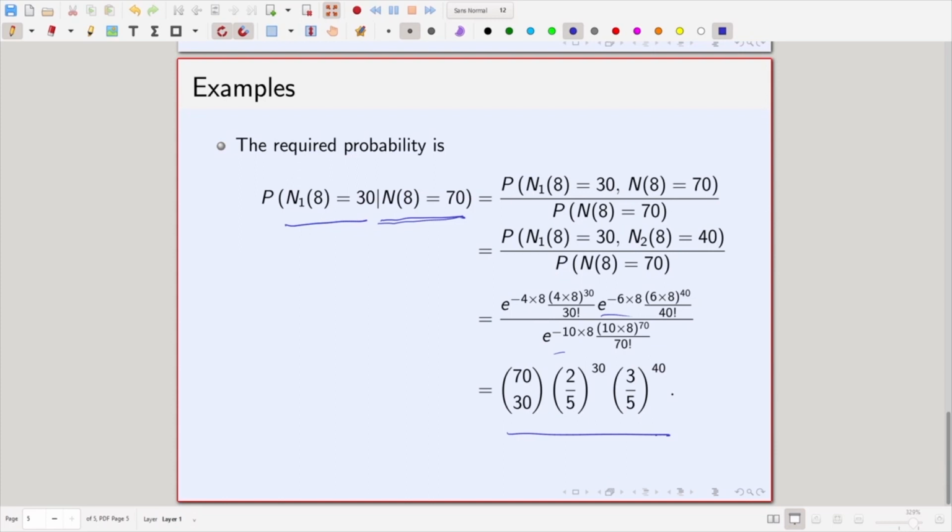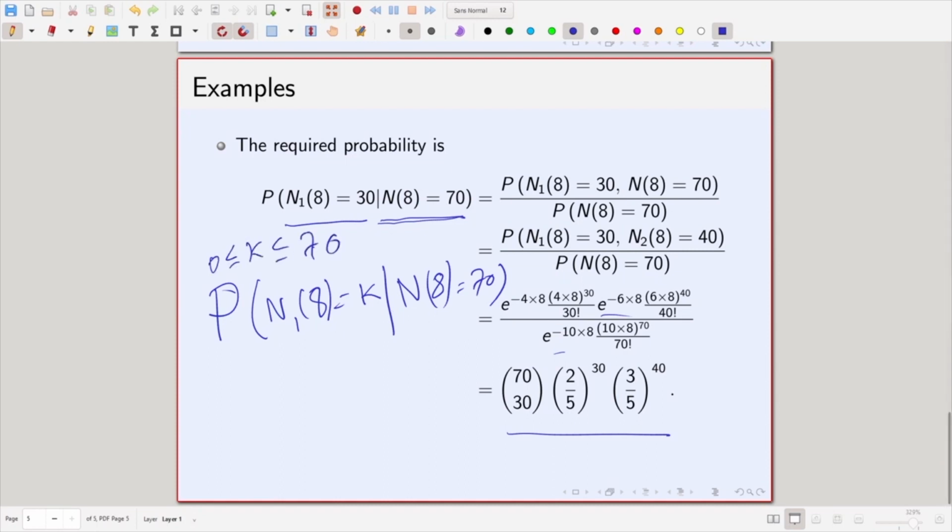Now, let me point out a more general fact from this calculation. Here it was 30. In general, if you are asked to calculate the probability that N18 equals some k given N8 equals 70, then k will vary from 0 to 70, the number of female customers.